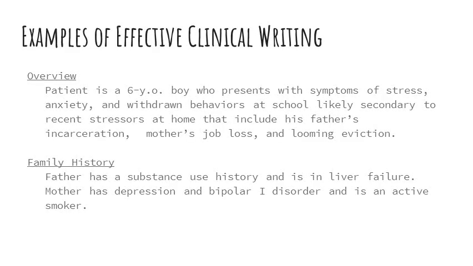Okay, so now we're going to take some time to review the key components of an effective clinical note, beginning with the overview section. So the patient is a 6-year-old boy who presents with symptoms of stress, anxiety, and withdrawn behaviors at school, likely secondary to recent stressors at home that include his father's incarceration, mother's job loss, and looming eviction.